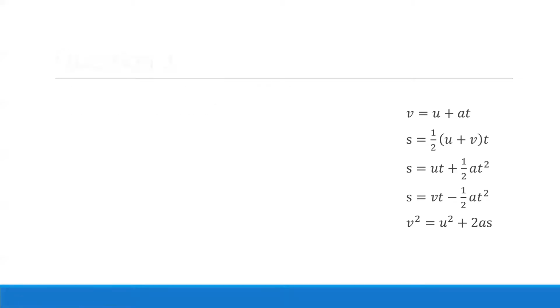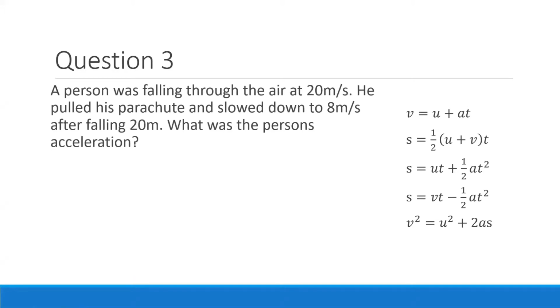Question 3. Question 3 says that a person was falling through the air at 20 meters per second. He pulled his parachute and slowed down to 18 meters per second after falling 20 meters.